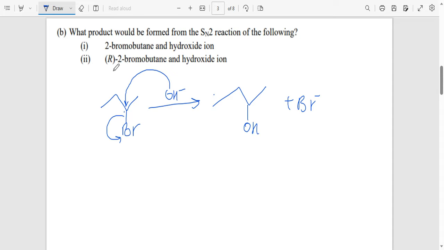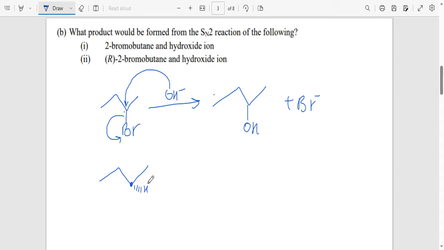Now for the next one, it's the same compound, it's just that stereochemistry has been specified. We're talking about (R)-2-bromobutane. Now if this is a butane, let's say this is position number 2, we are supposed to have the bromine. We are also going to have the hydrogen there, even if we can't see it. So let's say I put the hydrogen at the back.